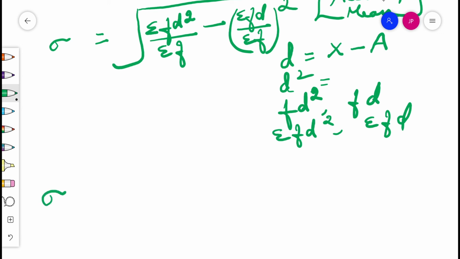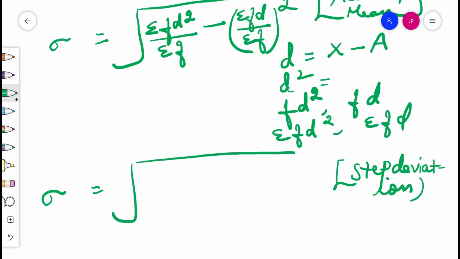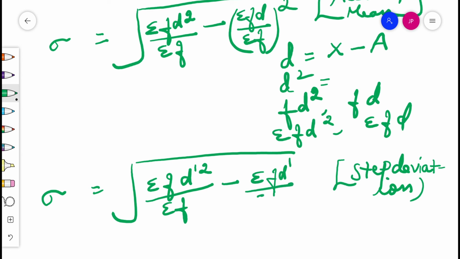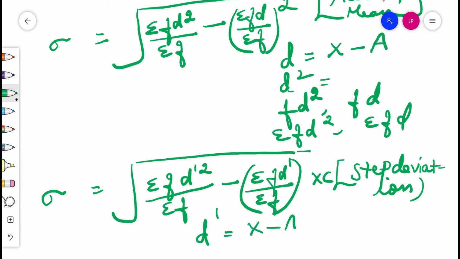Now what's the third step? The third method of the assumed mean method itself, the step deviation method. If the values are big, the step deviation method is easier. That is dividing d with the common factor. Again, standard deviation sigma is equal to square root of sigma f d dash square by sigma f minus sigma f d dash by sigma f, into c outside, where d dash is equal to item minus a by c.